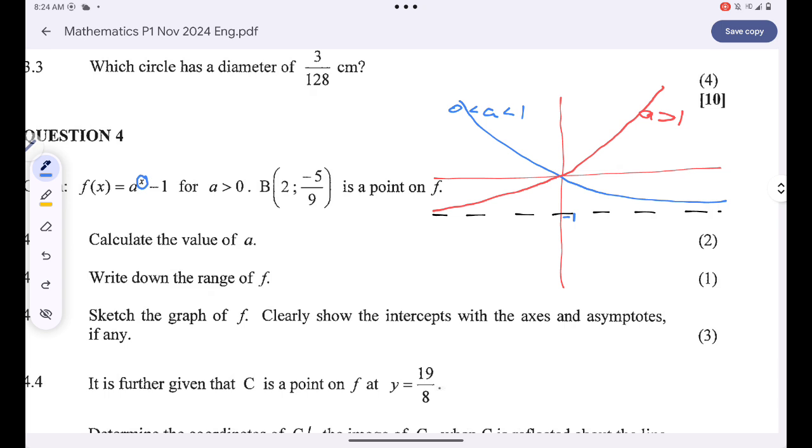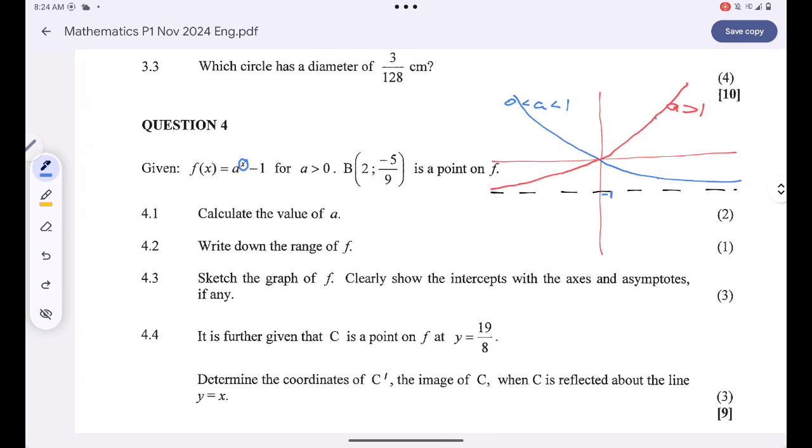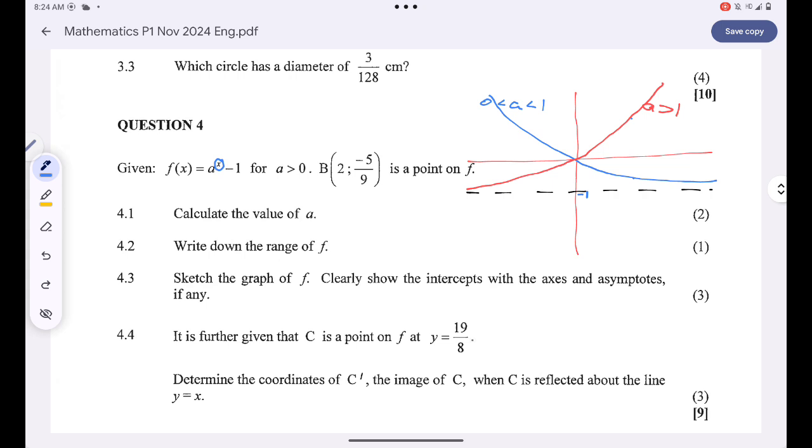Are you together, guys? And yes, the point B can be here or there, but it's fine. Let's just answer these questions, and then we will know which one of the two sketches best describes our graph.